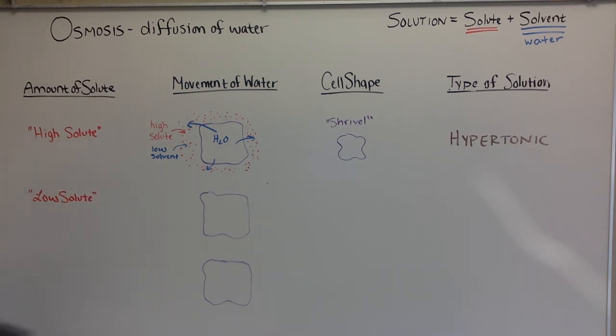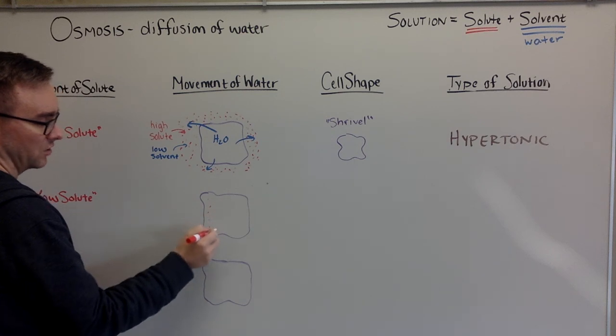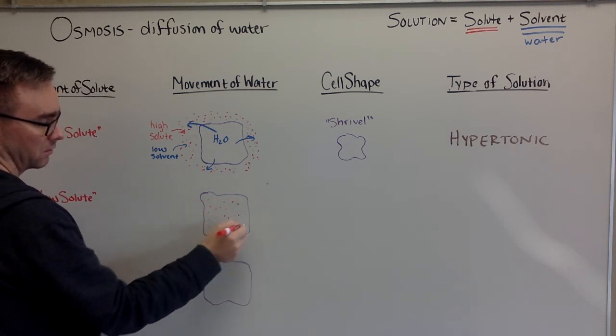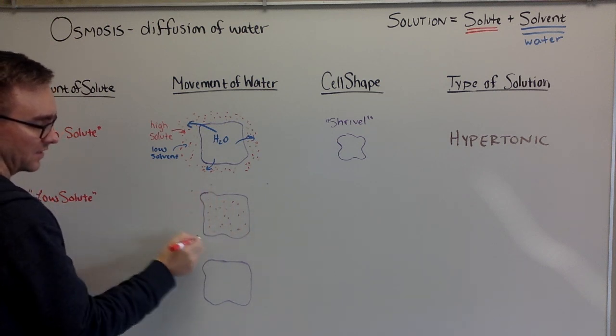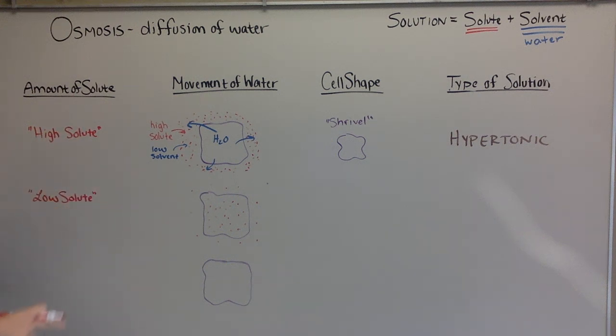All right. Remember, this is going to be by comparison. So let's say inside my cell, I have a high amount of solute compared to outside my cell. This is a low solute solution.